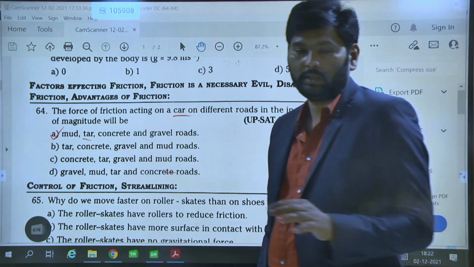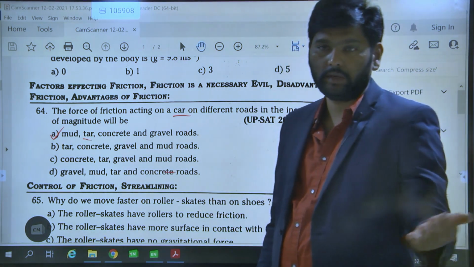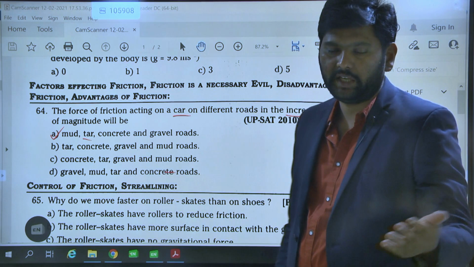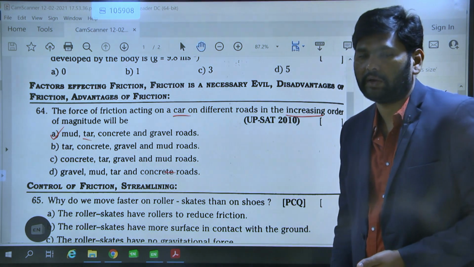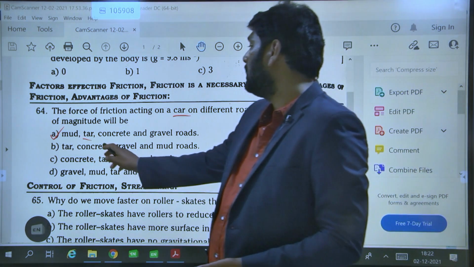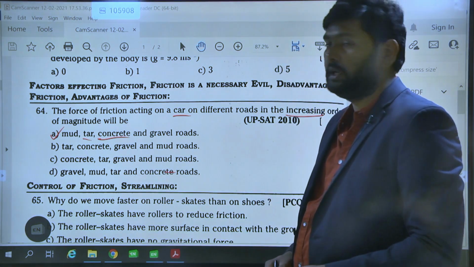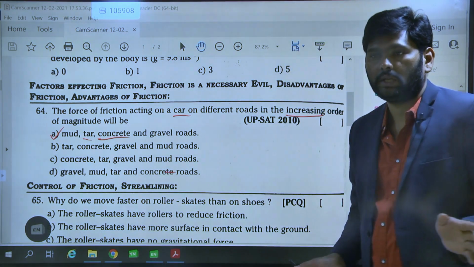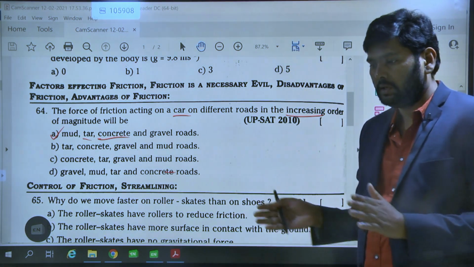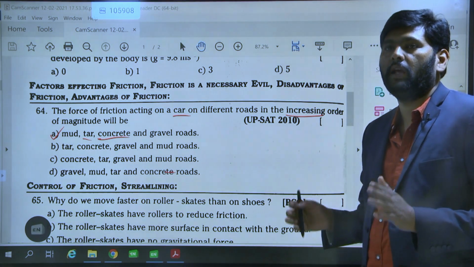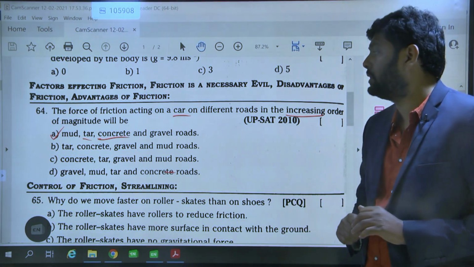Tar roads are what we generally see in daily life on national highways. Concrete roads are made in the villages or small colonies. So what does gravel road mean?